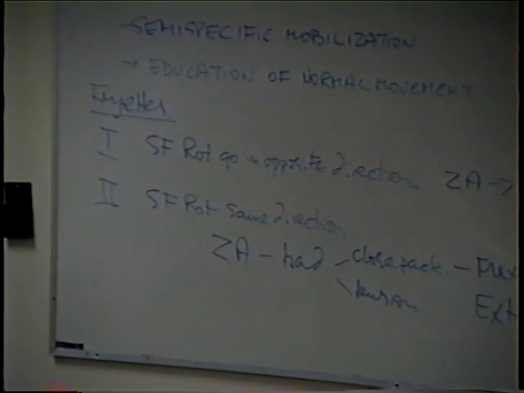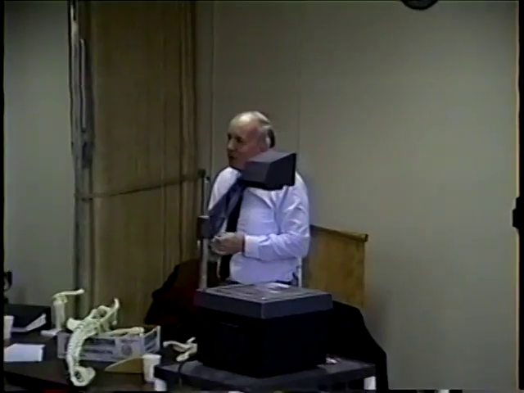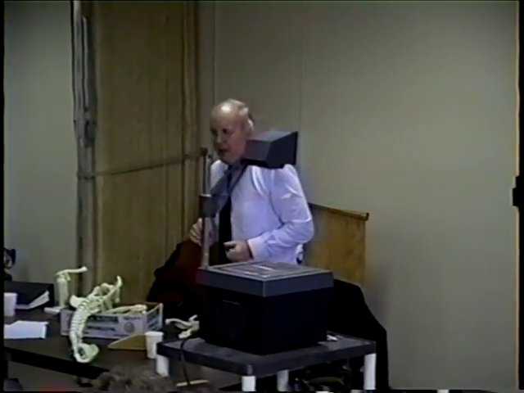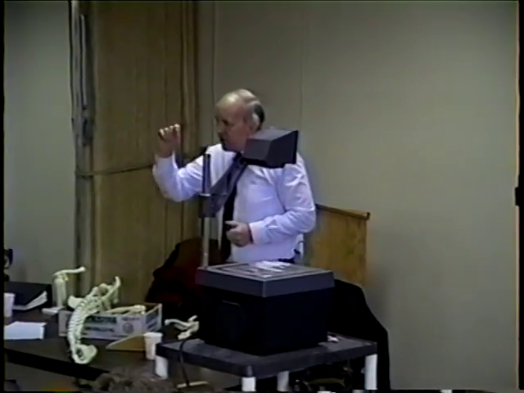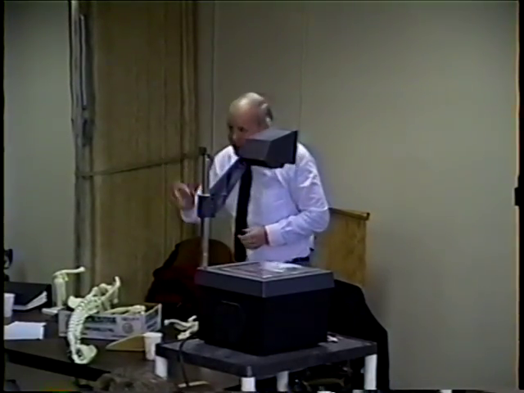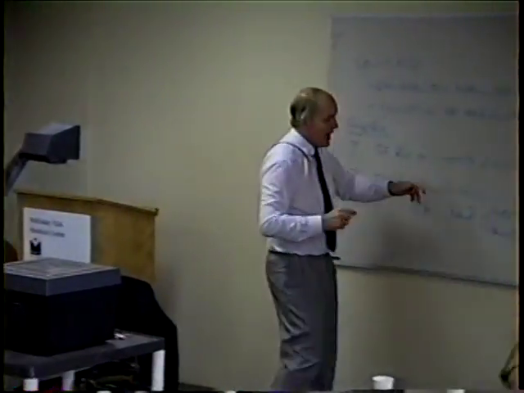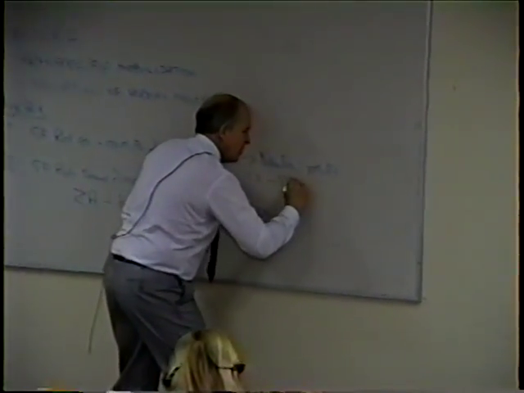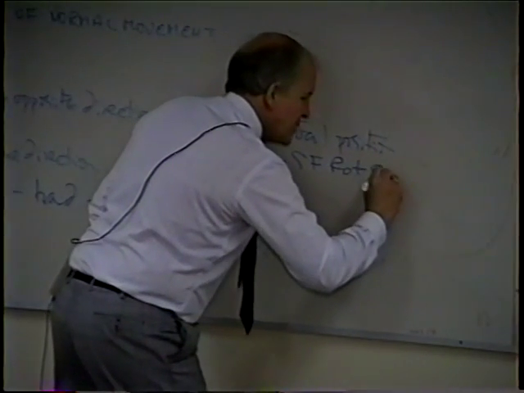And so we have this not quite fitting the rule. Except, of course, he could probably come back and say, ah, yes, but it's only when they're under load and there's a disc there. Because the first two don't have a disc. All right? But it doesn't follow the rule exactly. But from C2 downwards, side flexion, rotation will be in the same direction.